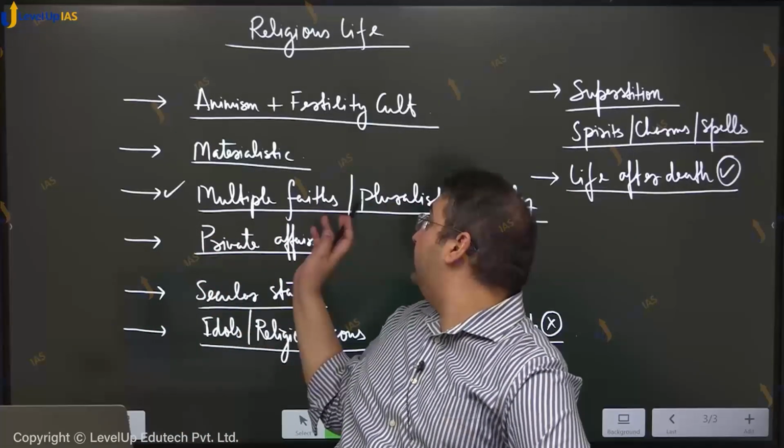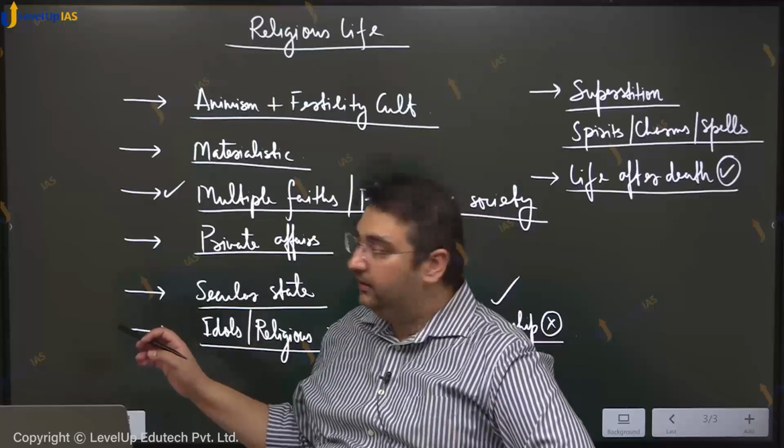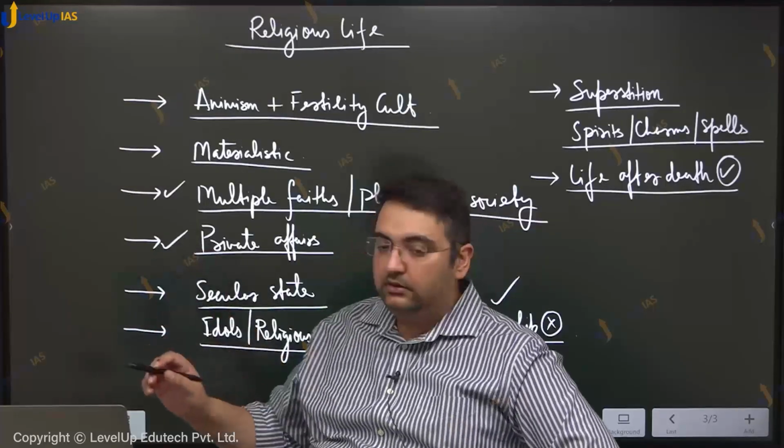So there were multiple faiths and a pluralistic society. Next, main point लिखो.